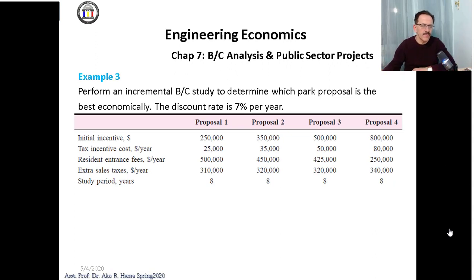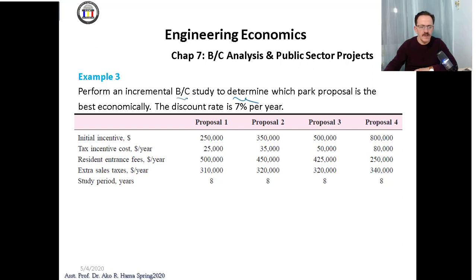Here in example 3 we have the same thing, but here we have more than one alternative. This is the first point, so we have to be aware of the rate.